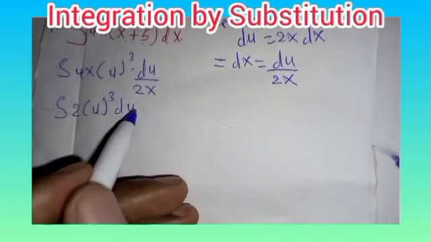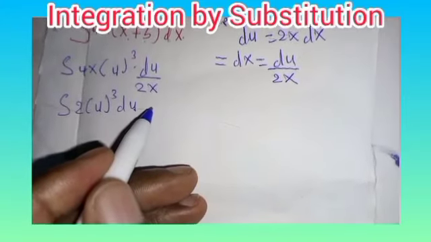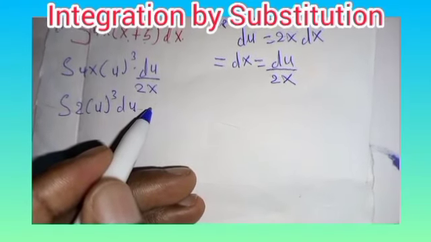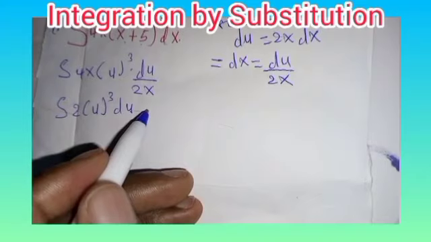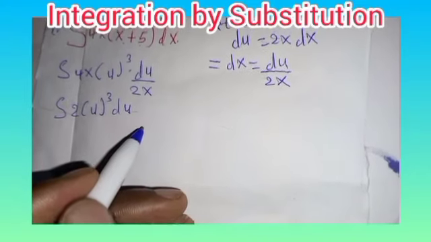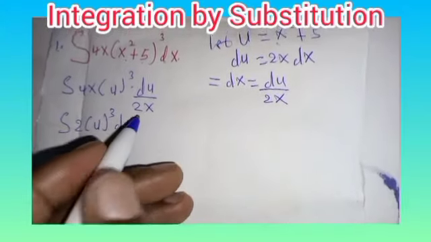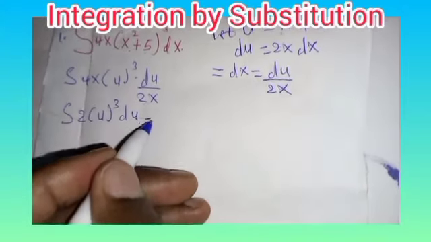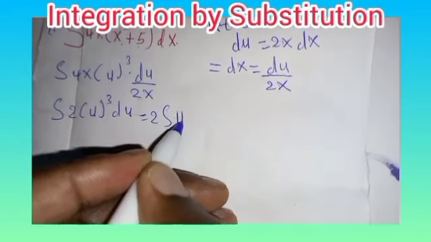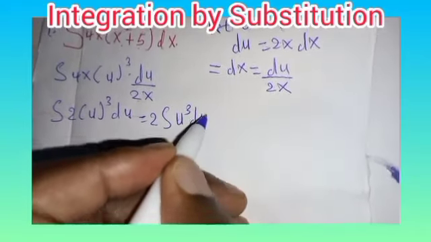Now at this level, 2 can be taken outside the integral. So you can take 2 outside to get 2 integral of u cubed du.